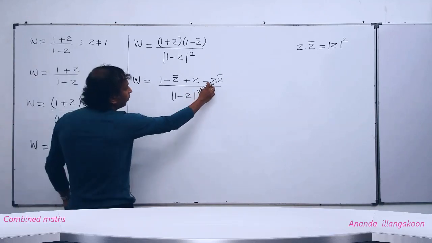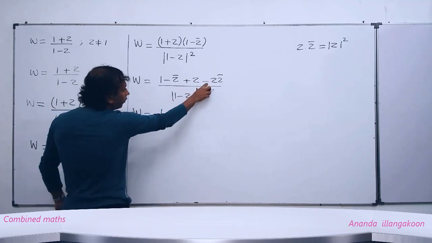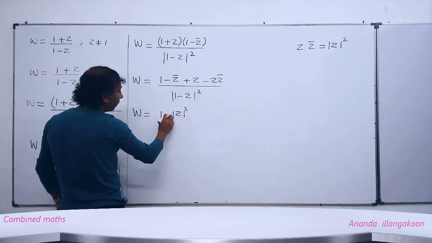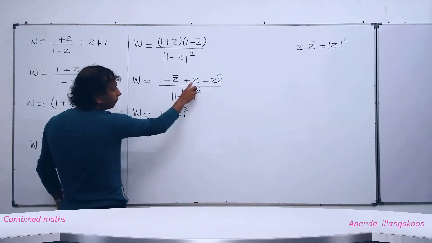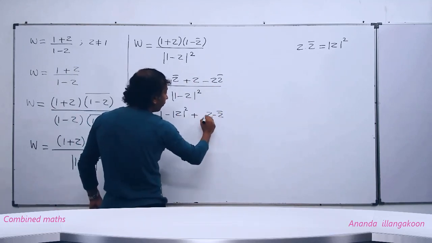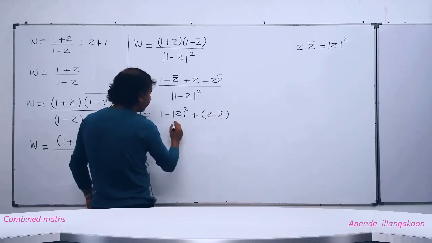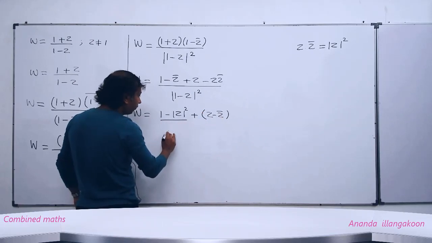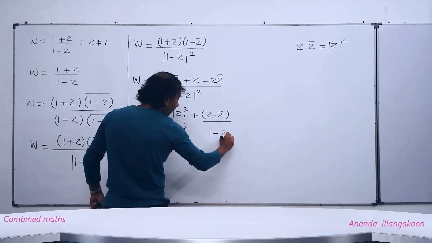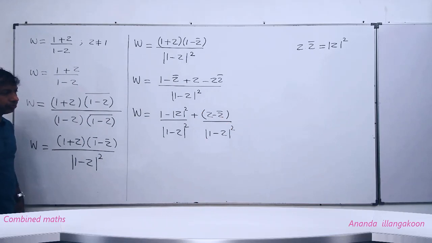Now I can take this z bar with this 1. z bar means mod z squared. And here, this z minus z bar, I can divide that to separate like this, by mod of 1 minus z, perfect square.